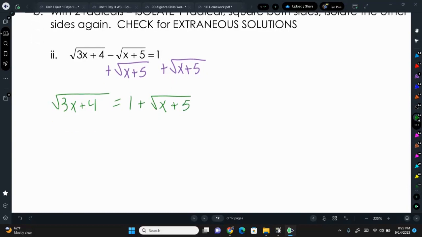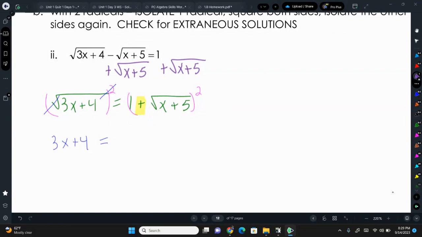All right, now we're going to square both sides. Now remember, because of this plus sign right here, we can't just distribute the square to each term. We have to, again, either write it out or use the shortcut. But on the left side, they cancel.